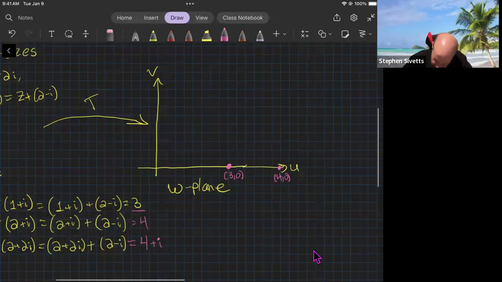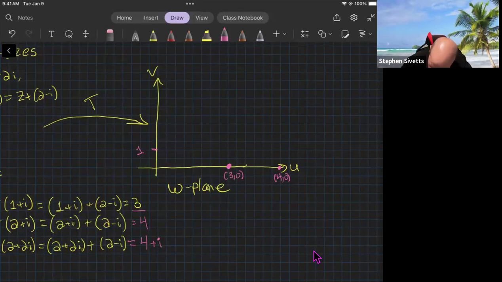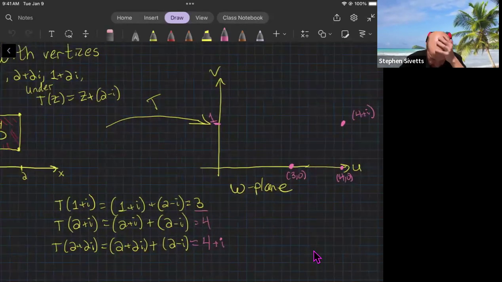Okay, 4 plus i. So here is 1 here. Let me actually make this scale a little bit bigger so we can see it. So put 1 there. So this will correspond to the point 4 plus i. That's for the point 2 plus 2i.